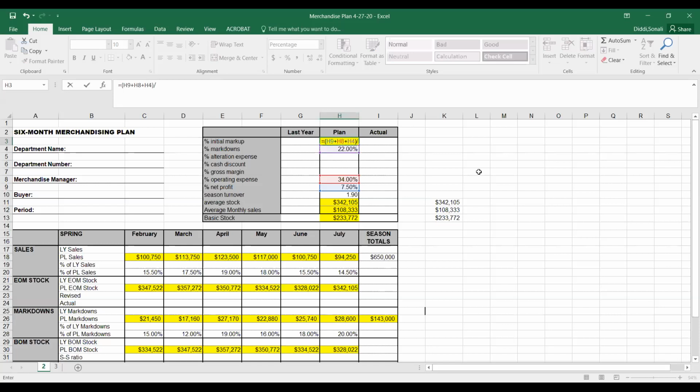And then divided by 100% plus your markdowns plus retail reductions. In this case, it will only be markdowns. And yes, it will be 52.05.